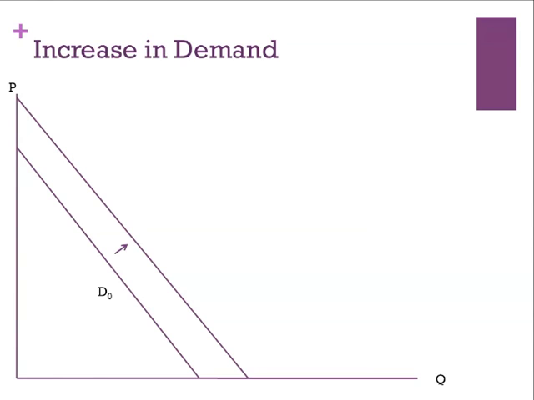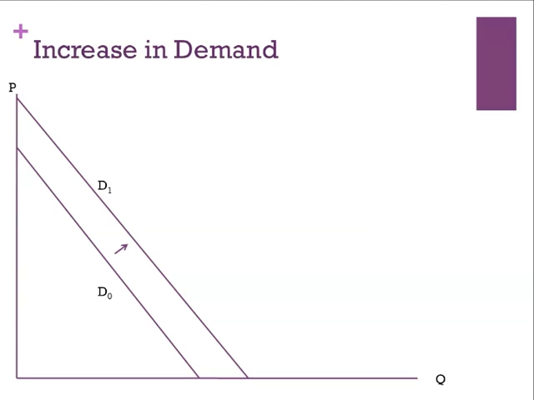But this is basically what all the models look like, which means that at every quantity there is a different price than in the previous demand curve. And of course, the original demand curve is called D naught, and the new one is called D1. I mean, this is arbitrary. You could do D1000, D2000. It doesn't really matter. The main thing is that you differentiate them.